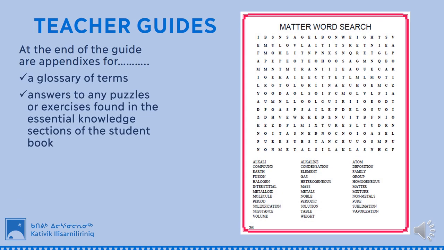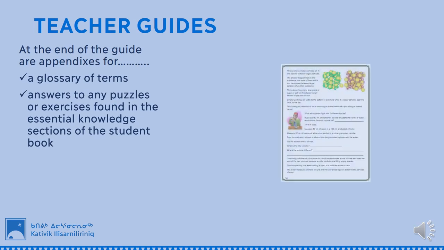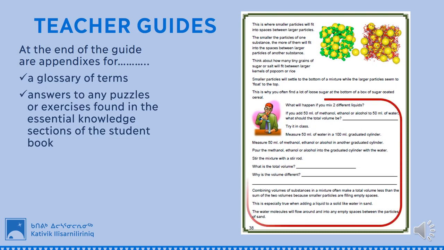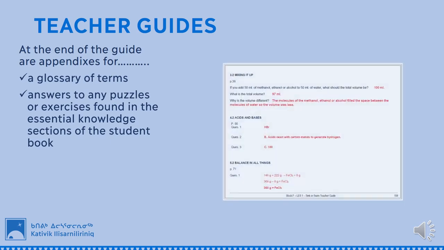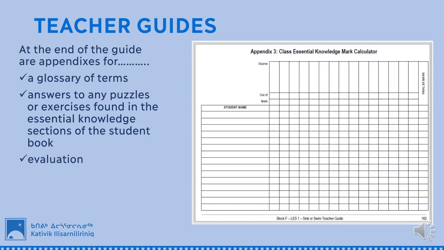There are answers to any puzzles or exercises found in the essential knowledge sections of the student booklet. And finally, printable evaluation tables and grids for the whole class, and the student grids identical to the ones at the end of the student books.